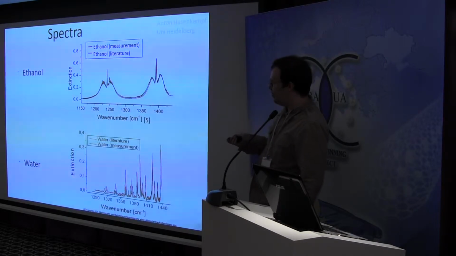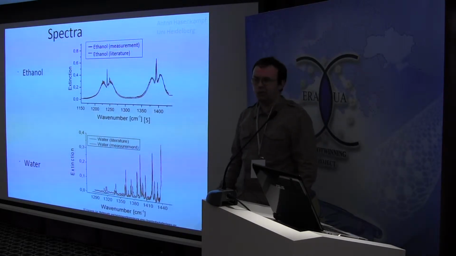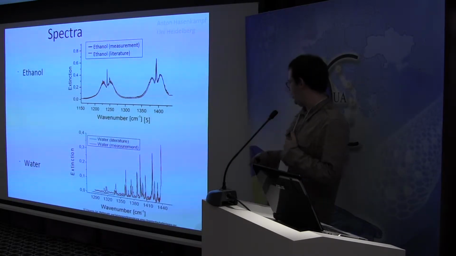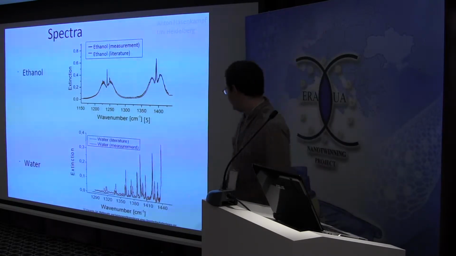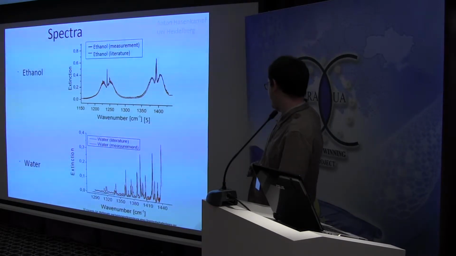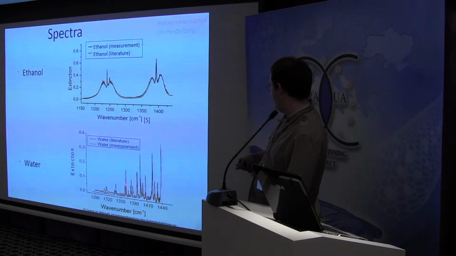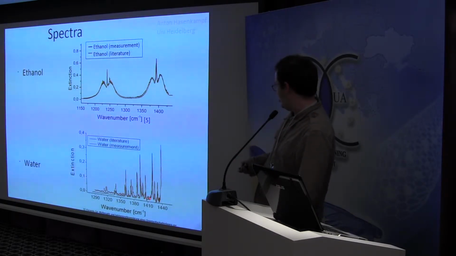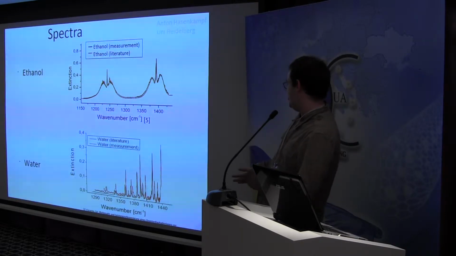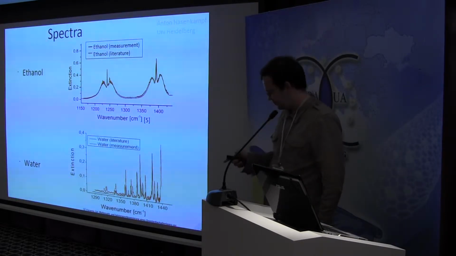Down below you see water. It's the water from the air. I think it's not nice to see from the graph below, but here the red curve is our measurement, and the black curve is from the literature, and you see the peaks fit quite well.